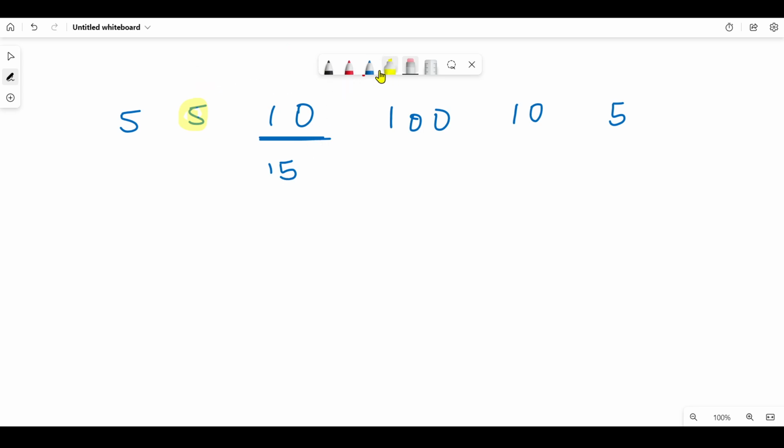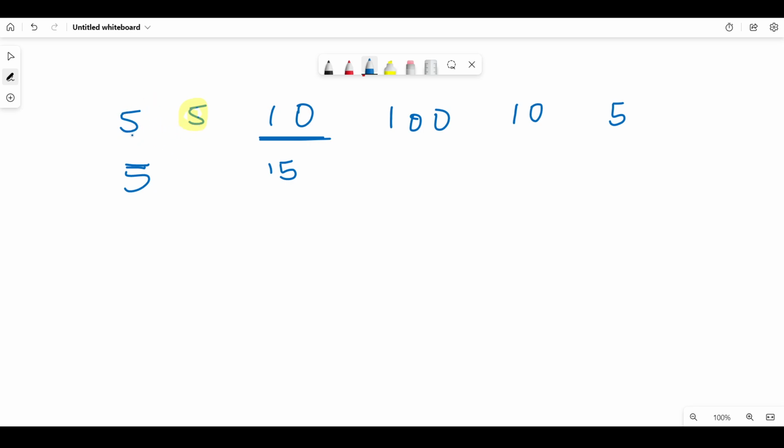It is 15 here in this case. Now, if I had started from here, I'm now writing down the maximum money I have looted till this house. It will be 5, and for the second house it will be the maximum of this and this.